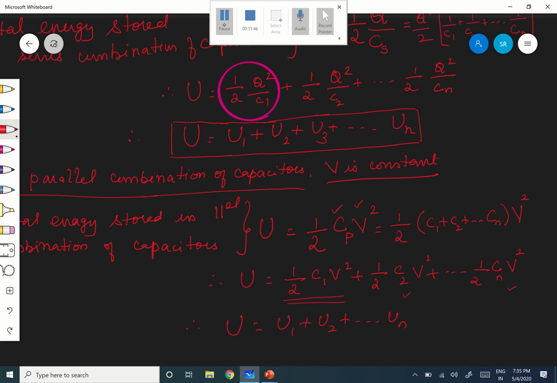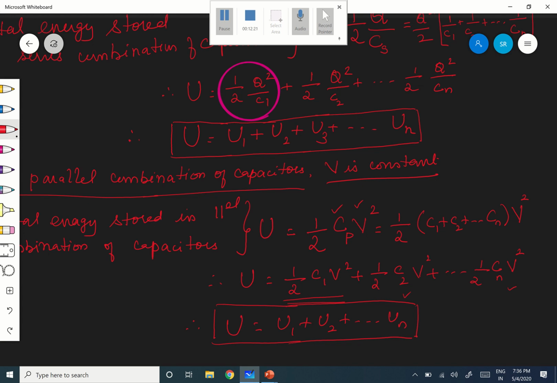So when two or more capacitors are connected in parallel, the total energy stored by all the capacitors is the sum of the energy stored in the individual capacitors.